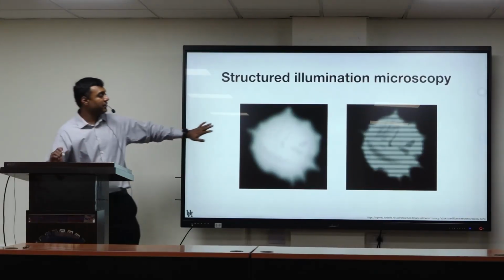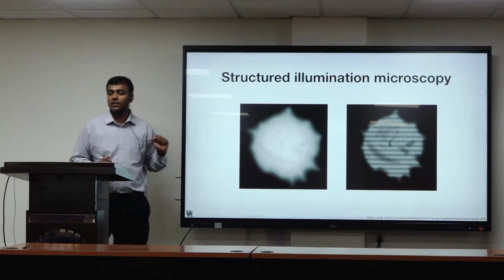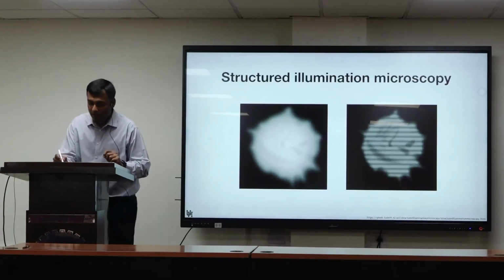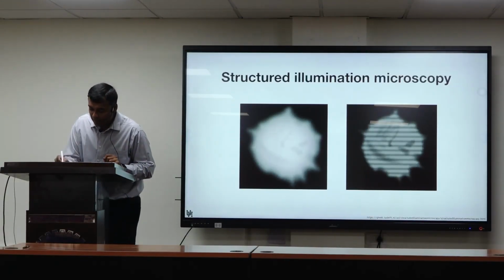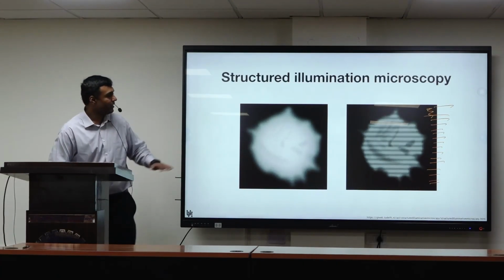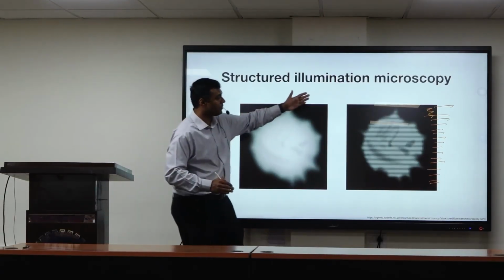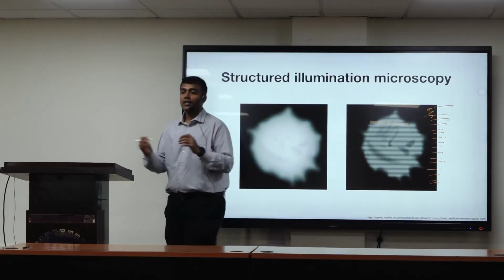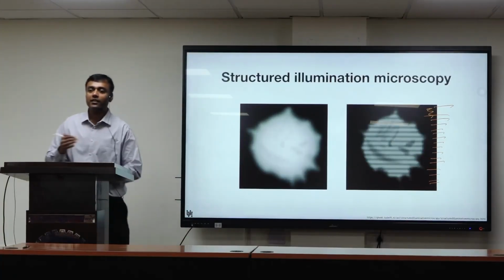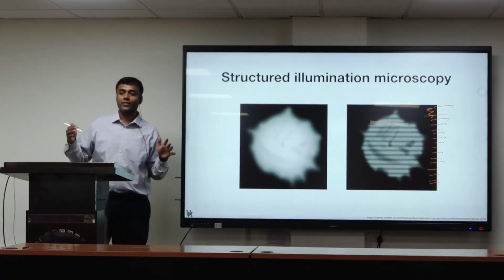Instead of a plane wave, just regular light incident this way, what you do is have a bright and dark, bright and dark pattern. A structured pattern of light incident on the object, and then you do the microscopy.